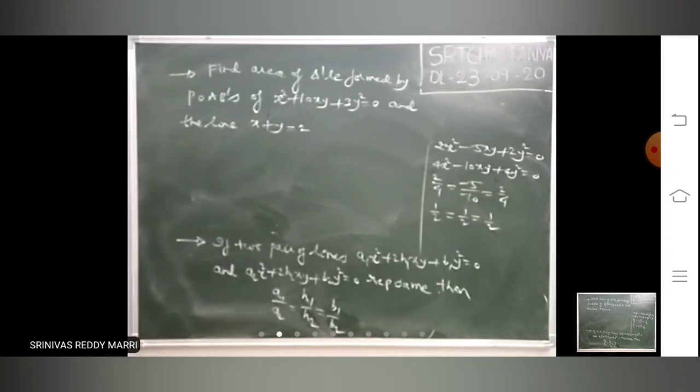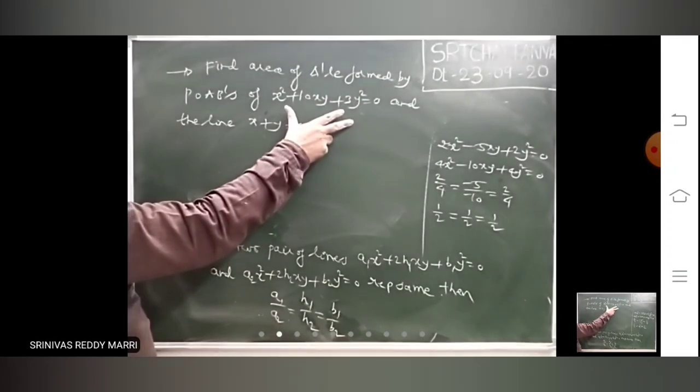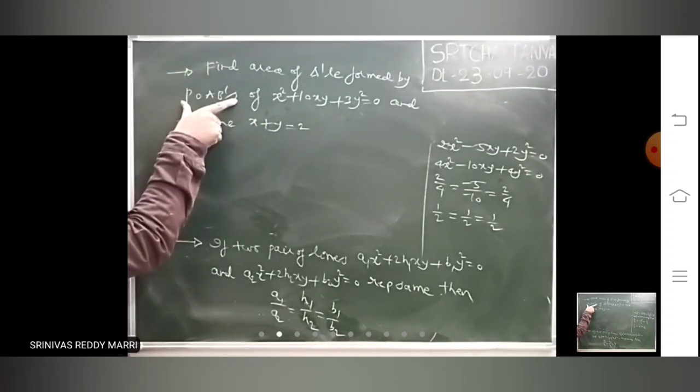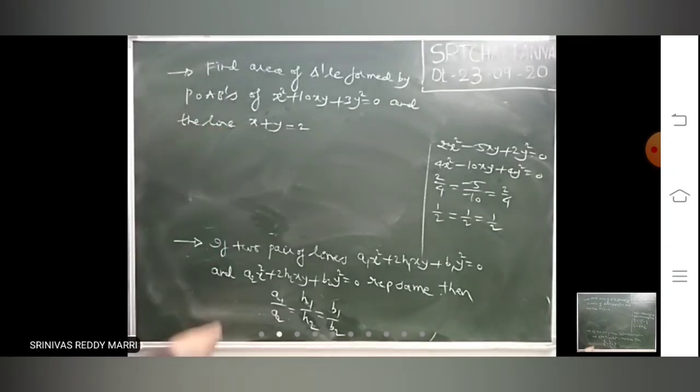He is asking to find the area of the triangle formed not by these two lines, but by the pair of angular bisectors, those two lines, and this line.